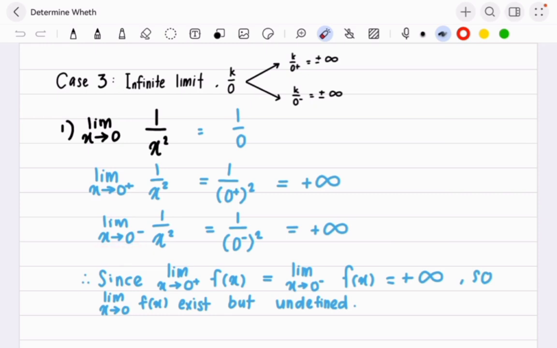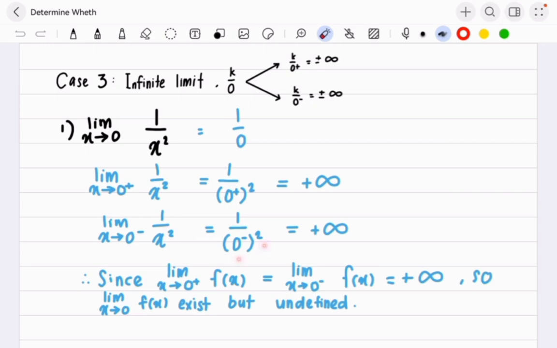So limit x approaching 0 from the right, 1 over x squared equals 1 over 0 from the right squared. So it is equal to positive infinity. And limit x approaching 0 from the left, 1 over x squared equals 1 over 0 from the left squared.